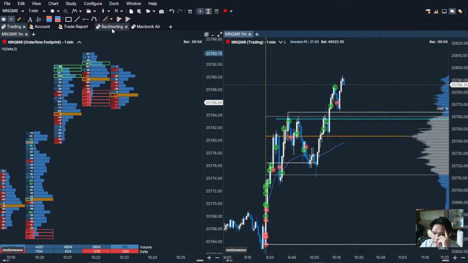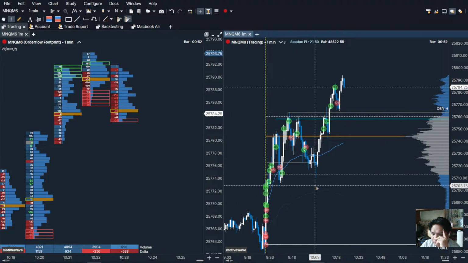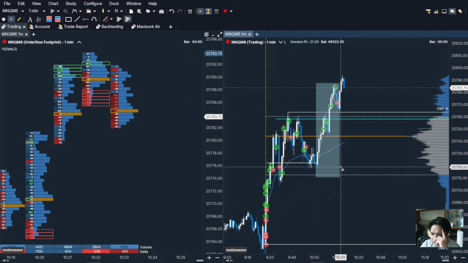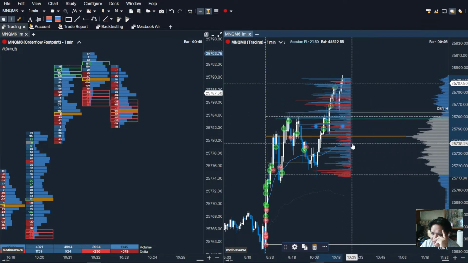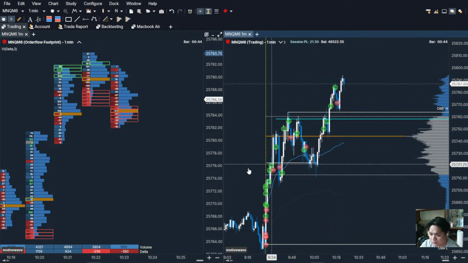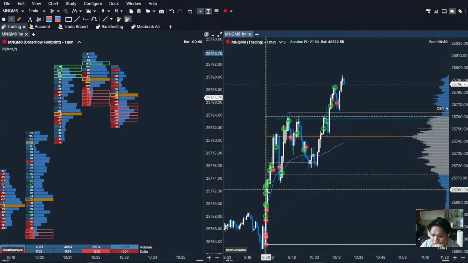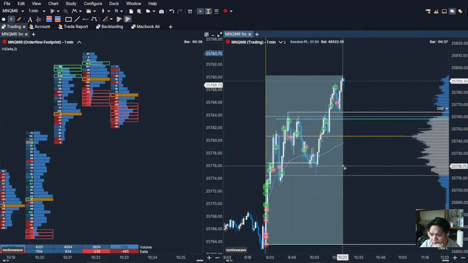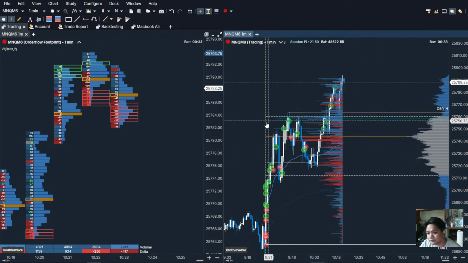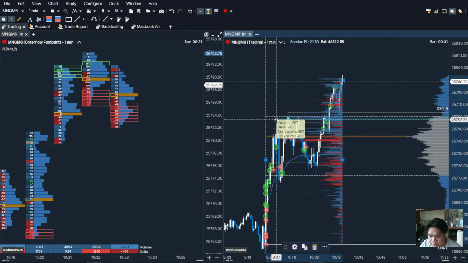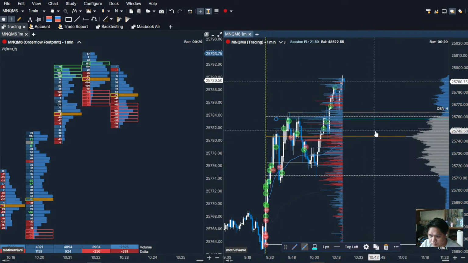That's another pullback. Let's have a look at that. Let's look at where it could potentially go. Still that, and then the whole setup from the 930 to here, right there, was this level.